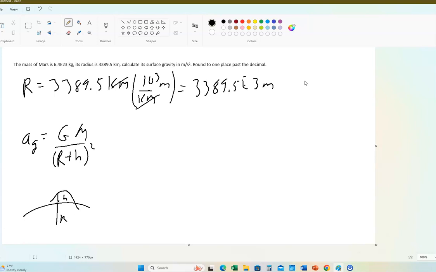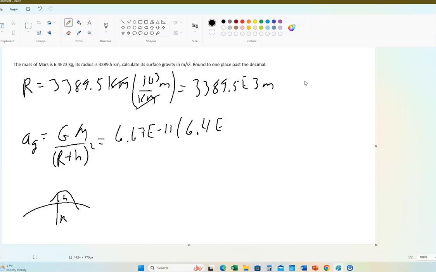All right, so for this one, H is equal to 0, so this becomes really simple. This is 6.67 times 10 to the minus 11th times the mass of Mars, which is 6.4. That's a decimal.